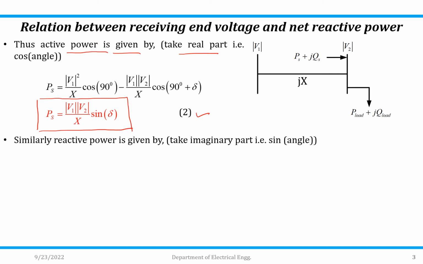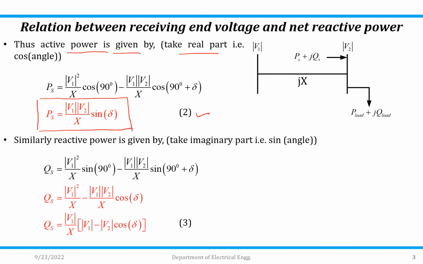Similarly, we can find the reactive component. Here we have to take the imaginary part, that is the sin of the angle of equation number 1. So we will get QS equal to V1 square upon X sin 90 minus V1 V2 upon X sin of 90 plus delta. Now we know that sin 0 is 0 and sin 90 is 1, so we get V1 square upon X, and sin of 90 plus delta is equal to cos delta.